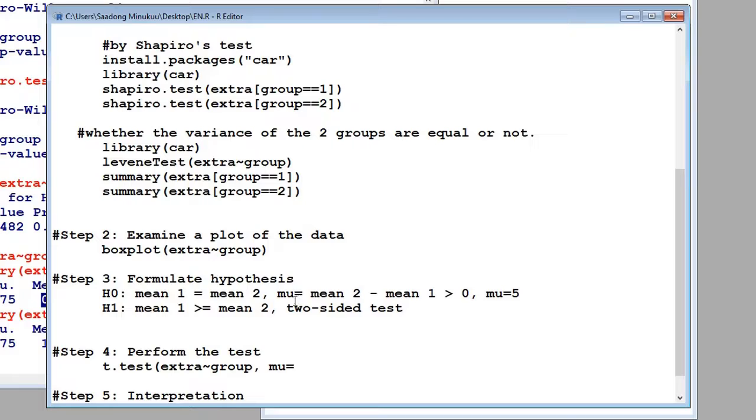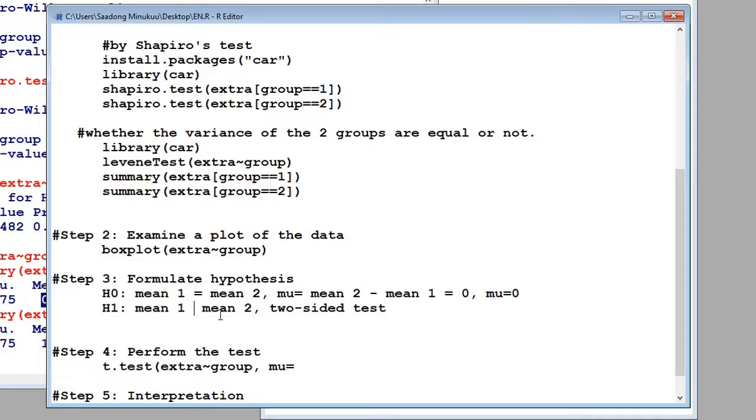In that case, the mean difference, m2 minus m1, would have been equal to 0. Which means that this one will be less than or equal to. So instead of mean 1 being less than, it would have been less than or equal to.